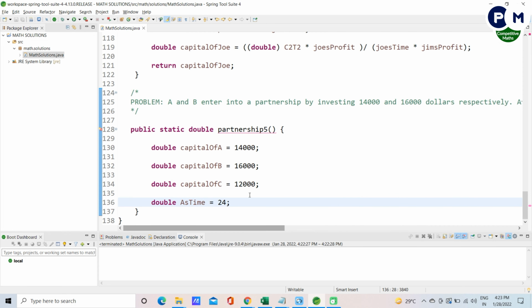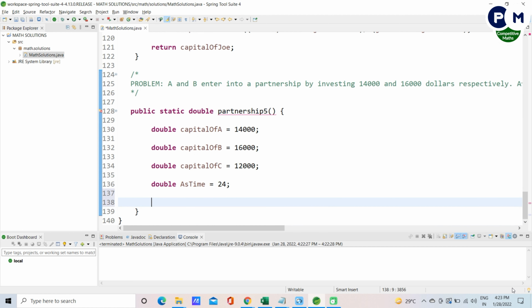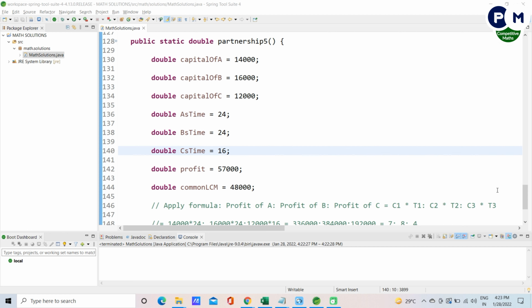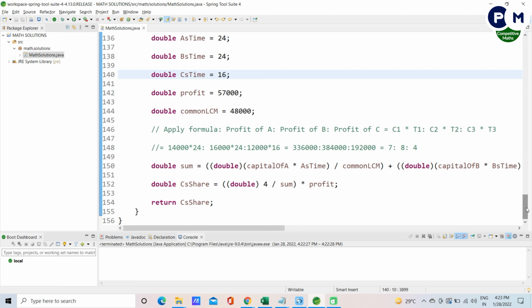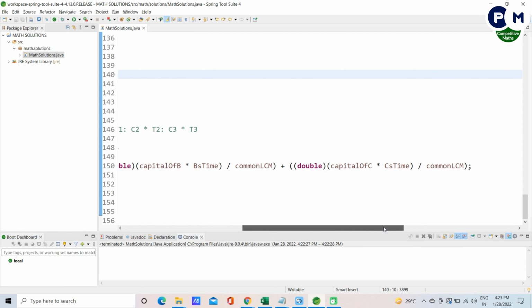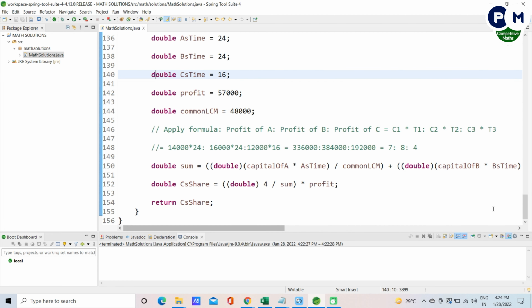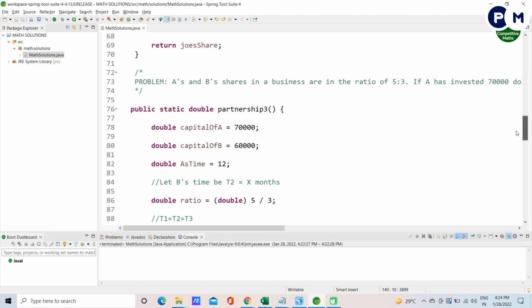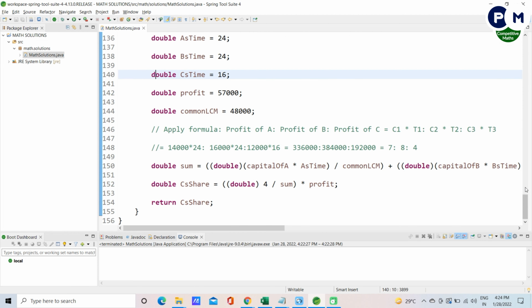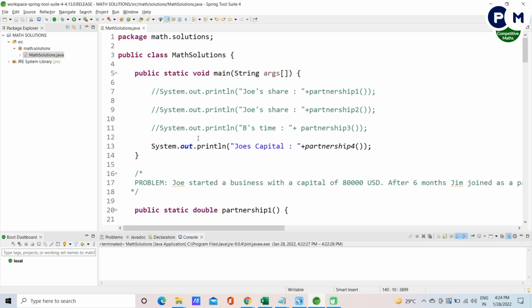Here is the problem statement. I am going to define a new method for determining C's share for earlier solved problem 2. Define the capitals of A, B, and C, their times as member variables, and initialize them. Now, by applying formula, profit of A to profit of B to profit of C equals C1 multiplied by T1 by C2 multiplied by T2 by C3 multiplied by T3.